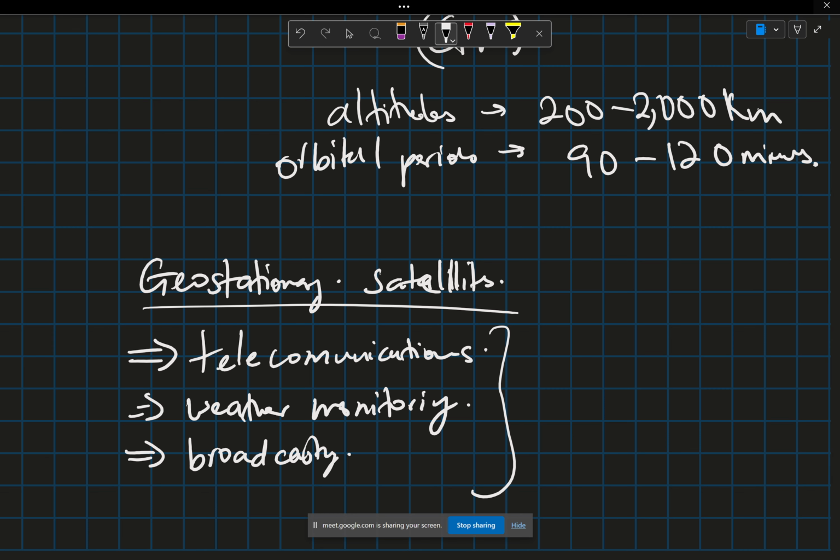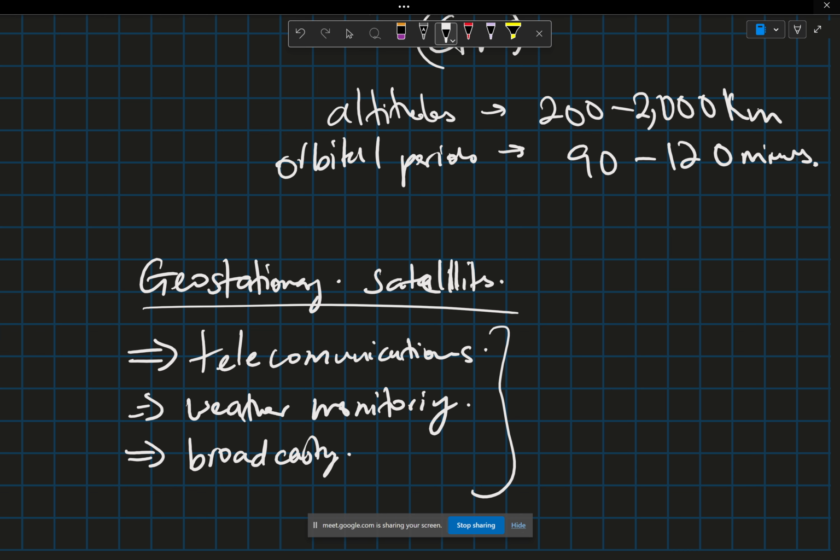And for broadcasting, when I'm in Jamaica, TVJ, CVM, those types of things, it helps with those types of coverage. When we talk about our geostationary satellites, not really our GPS mechanisms. Our GPS mechanisms are in much lower orbit compared to our geostationary satellites. So those are really the main concepts to cover for the rest of this topic.